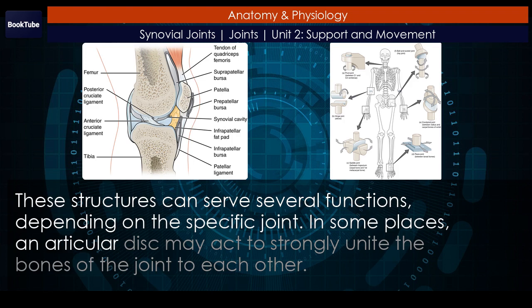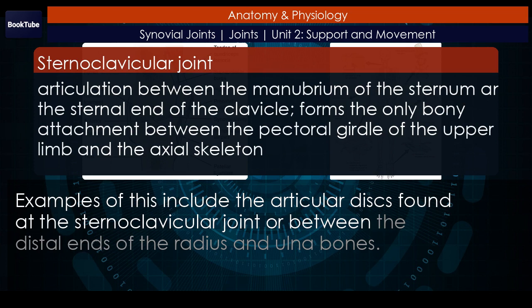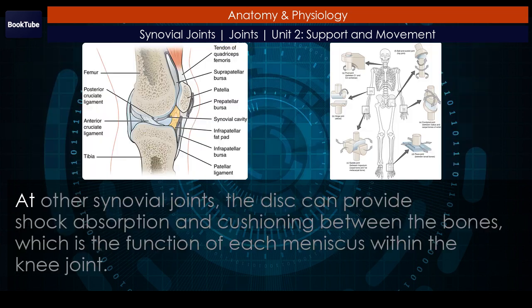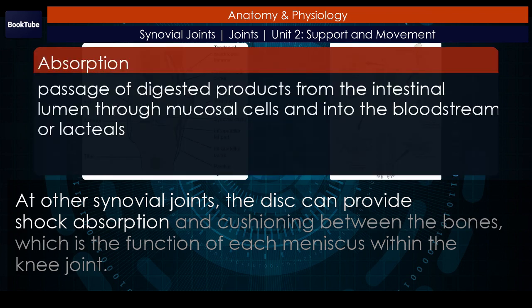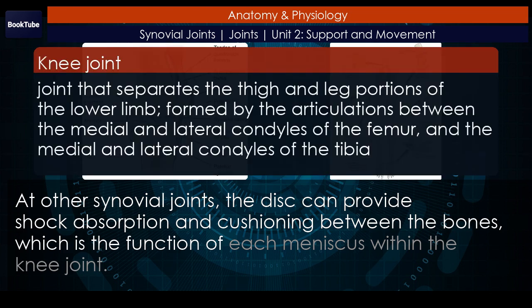In some places, an articular disc may act to strongly unite the bones of the joint to each other. Examples of this include the articular discs found at the sternoclavicular joint or between the distal ends of the radius and ulna bones. At other synovial joints, the disc can provide shock absorption and cushioning between the bones, which is the function of each meniscus within the knee joint.